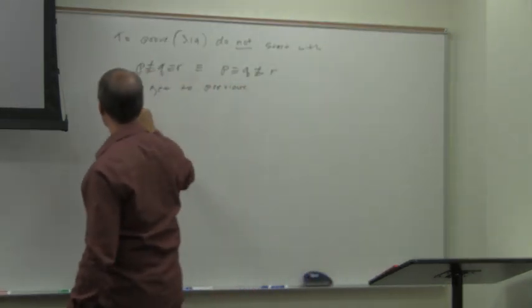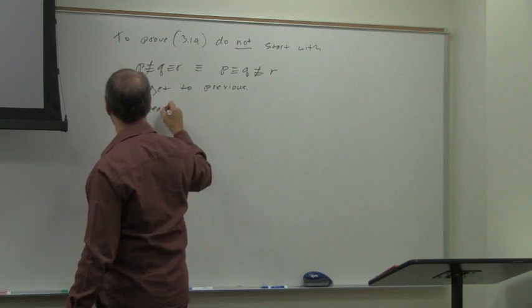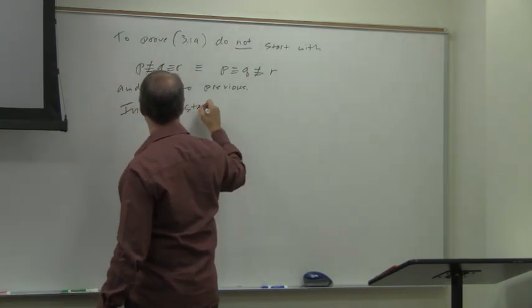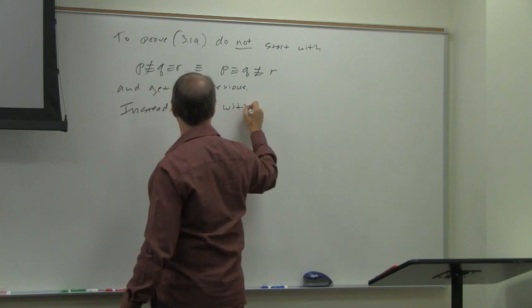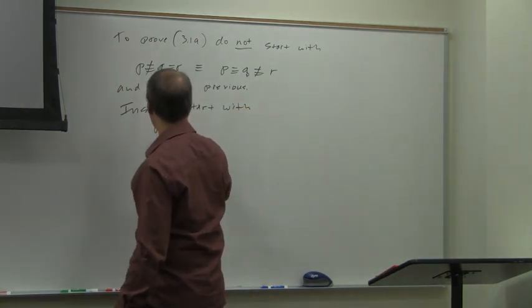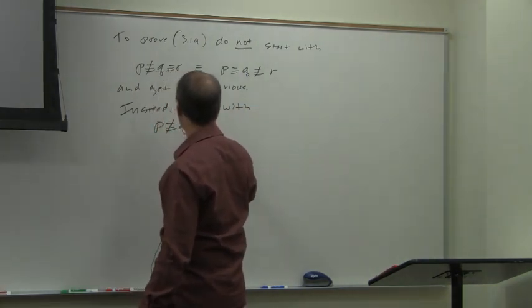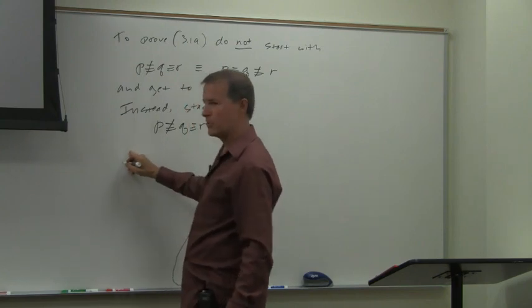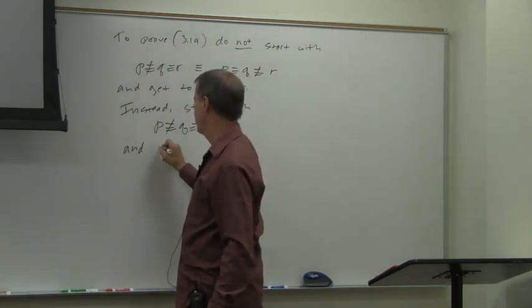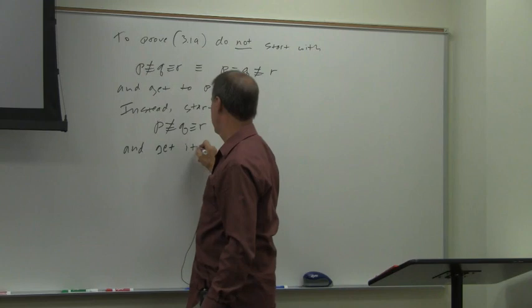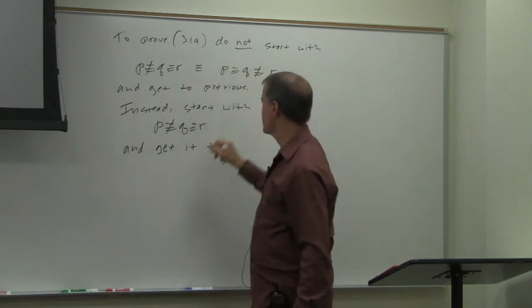Instead, do this. Start with P not equivals Q equivals R and get it to what? Get it to the same as the other, and get it to this.